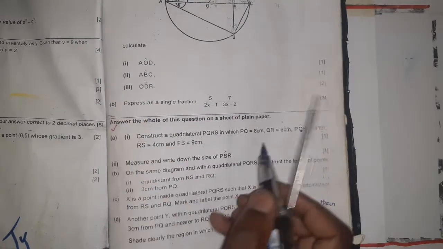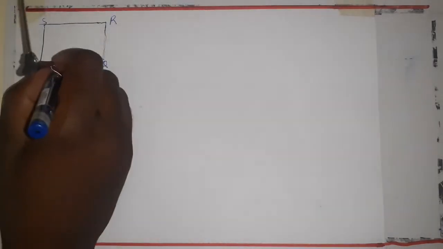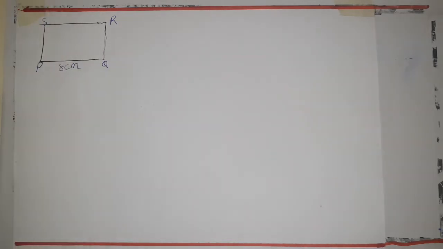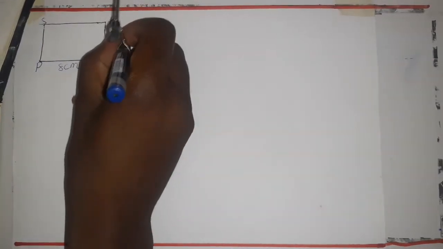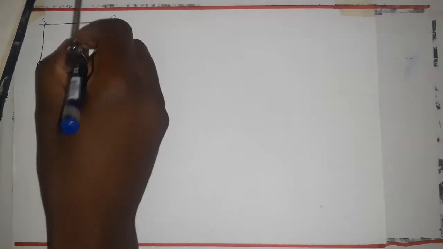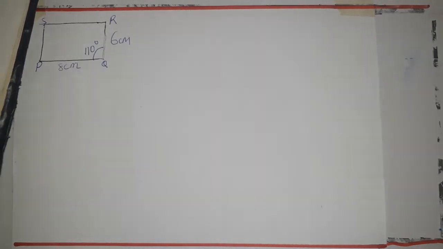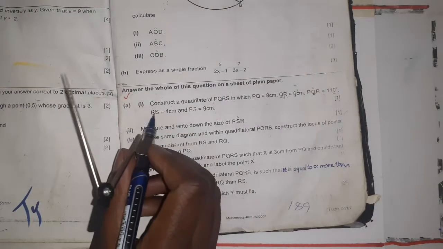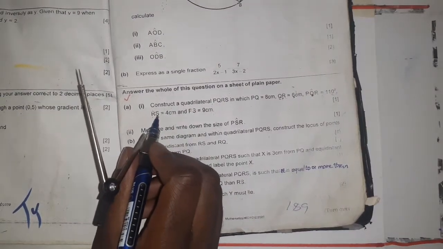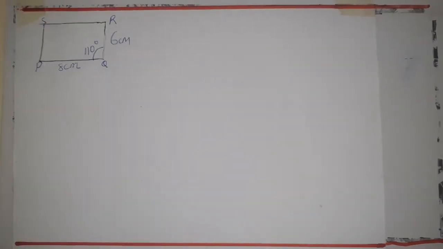So from this, what am I given? PQ is equal to 8 centimeters. Then QR is equal to 6 centimeters. Then this angle here is 110. That's the information that is given. Then RS is equal to 4 centimeters.